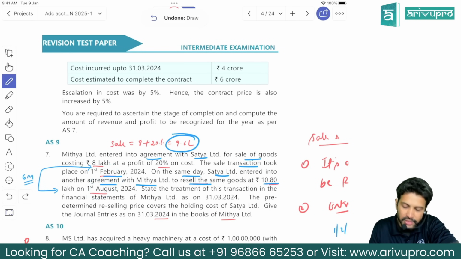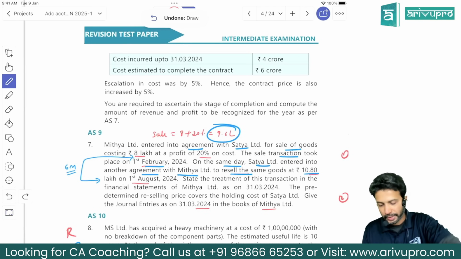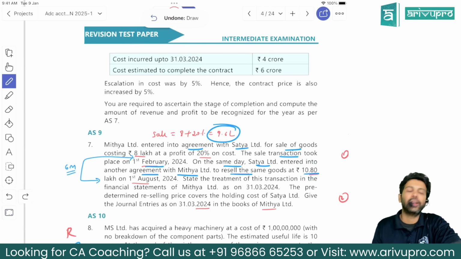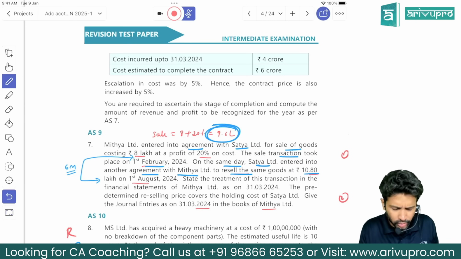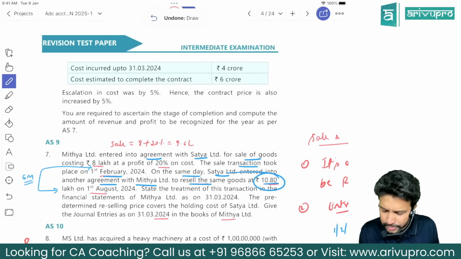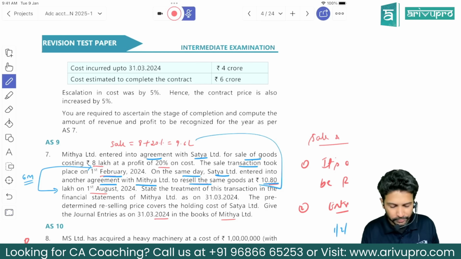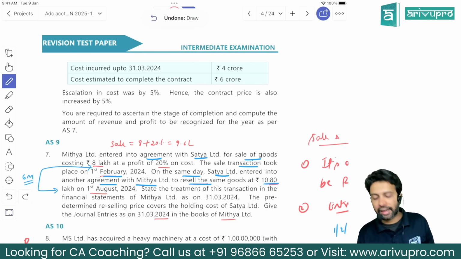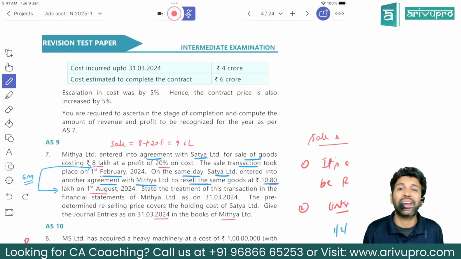That is 6 months. After 6 months you will buy the same goods back at 10 lakh 80,000. So this is a pure finance arrangement, like a loan. You have taken a loan of 9 lakh 60,000, and after 6 months you will repay 10 lakh 80,000. The difference between these two, 1 lakh 20,000, is nothing but your interest or finance charges.